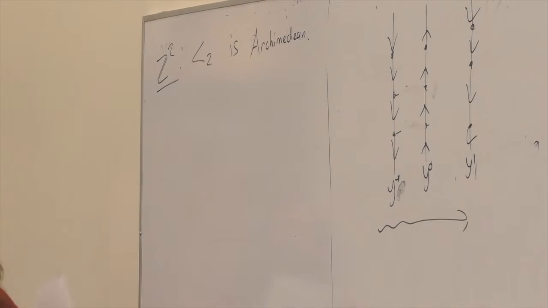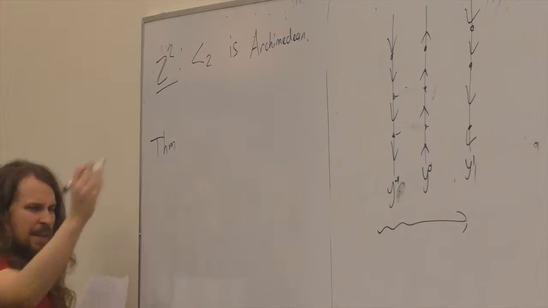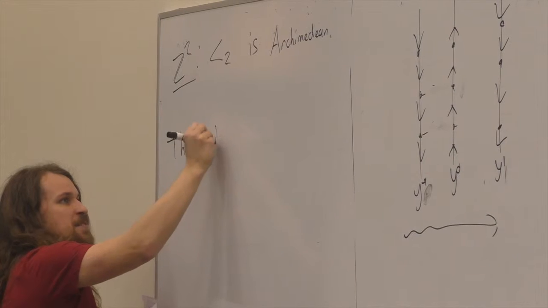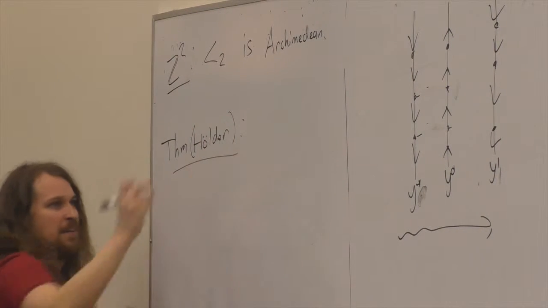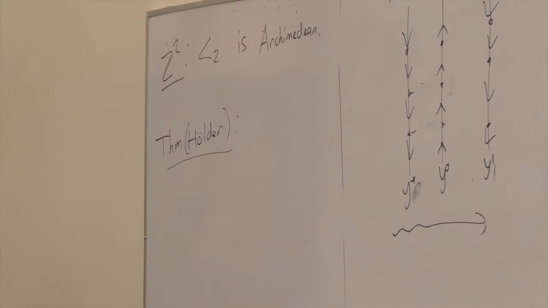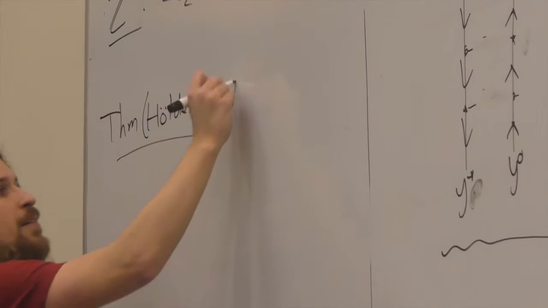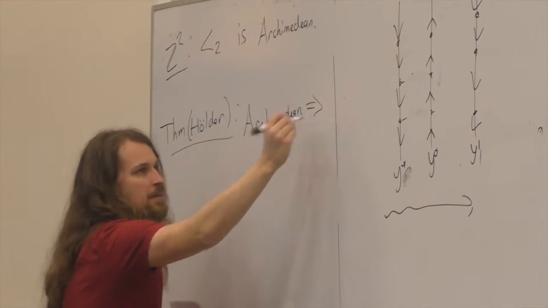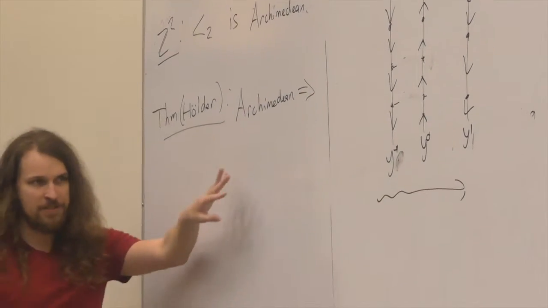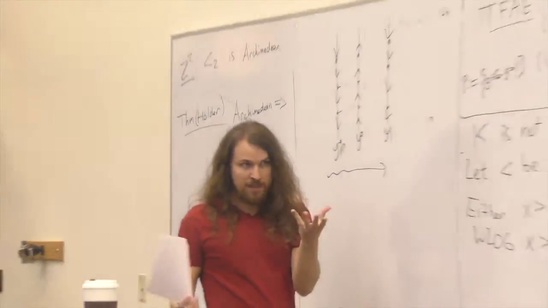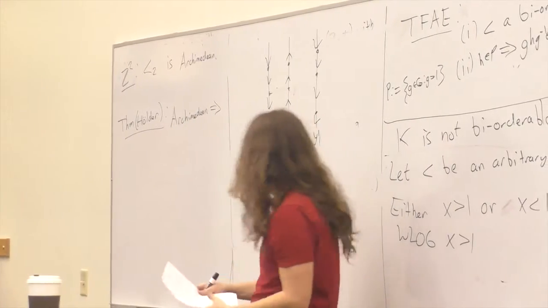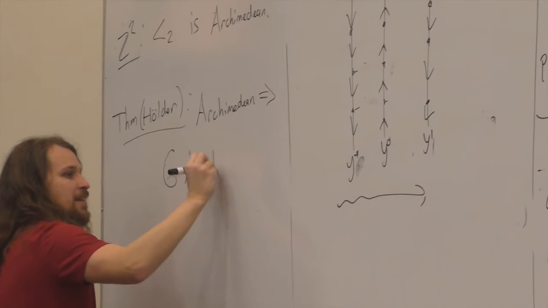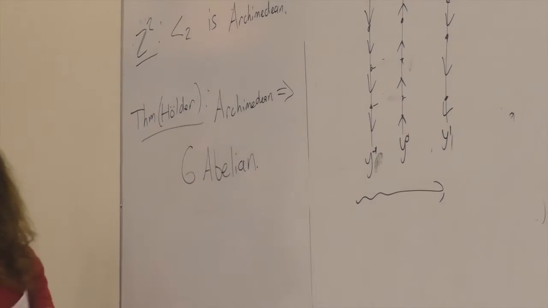And now for something that blew my mind the first time I saw it, just because it seems like such a strong statement. Hand me any Archimedean left order, not saying it's a bi-order or anything, and this implies that the group is abelian.